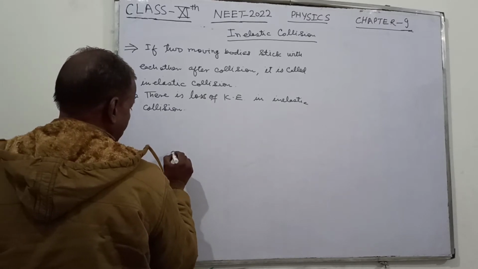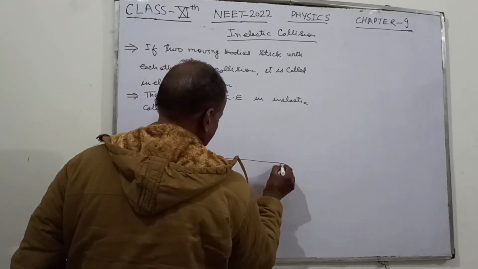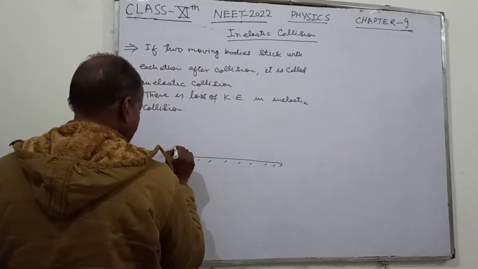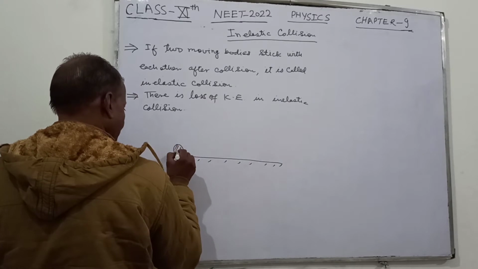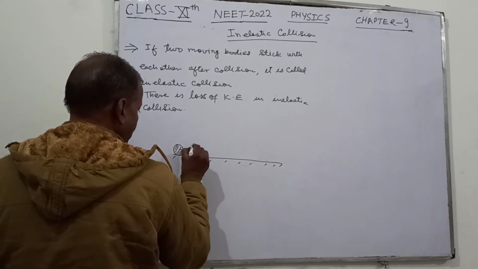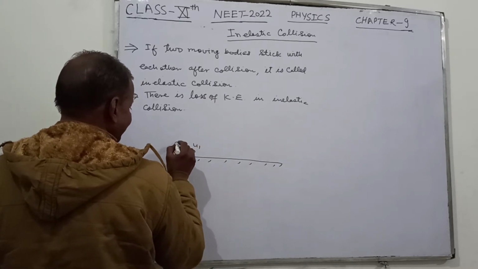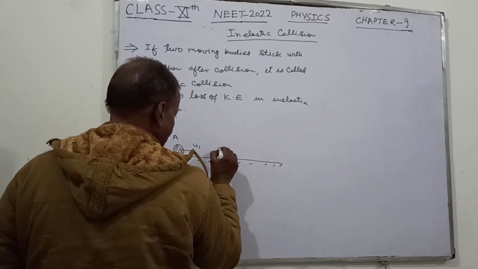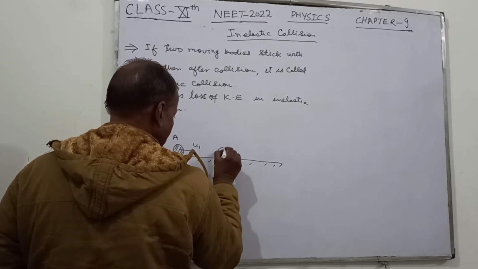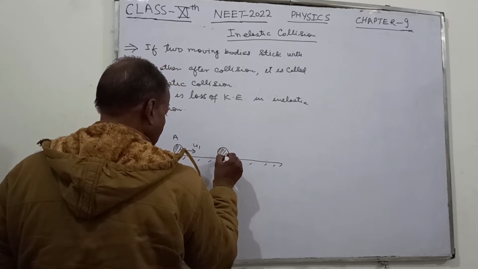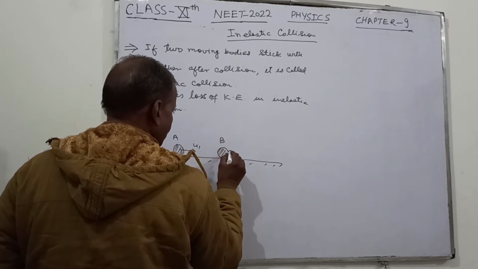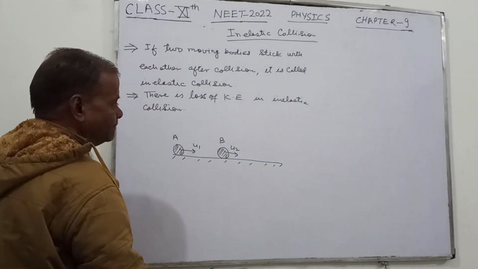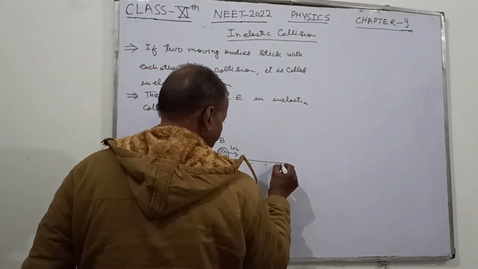So now here is a body A, moving with velocity u1, and this is another body B, moving with velocity u2.